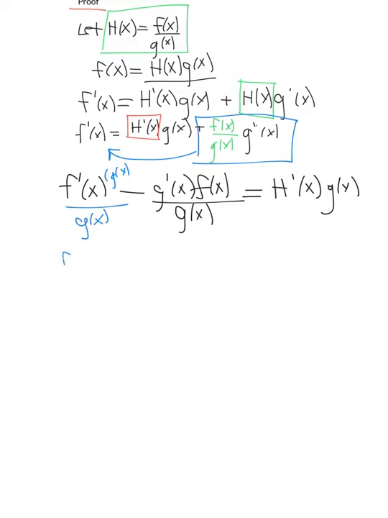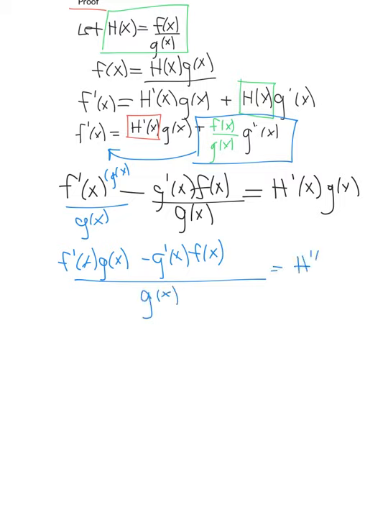So this is going to equal f prime of x times g of x minus g prime of x, f of x, all divided by g of x. Now things might be looking a little bit familiar to you right here.